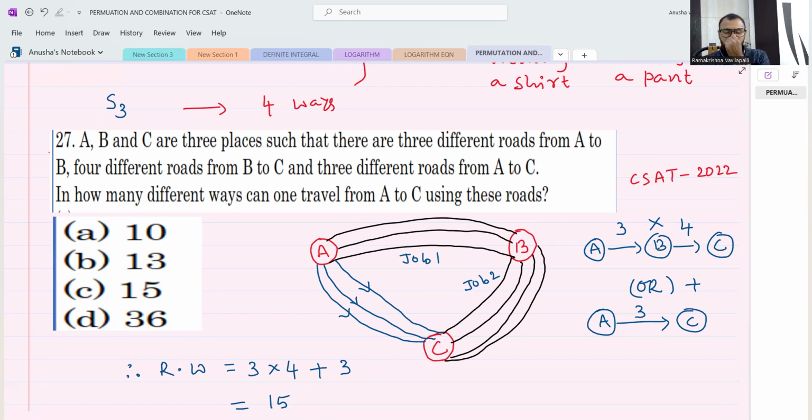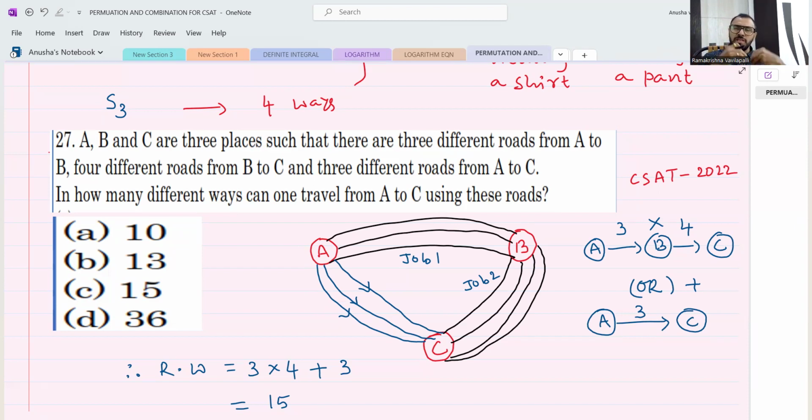Very simple question. Even though I did not explain what the addition rule is, automatically we have understood that we have to use the addition rule. In the first case, multiplication. Second, you can move from A to B and then C, or from A to C directly. Whenever the word or comes, you immediately use the addition rule.